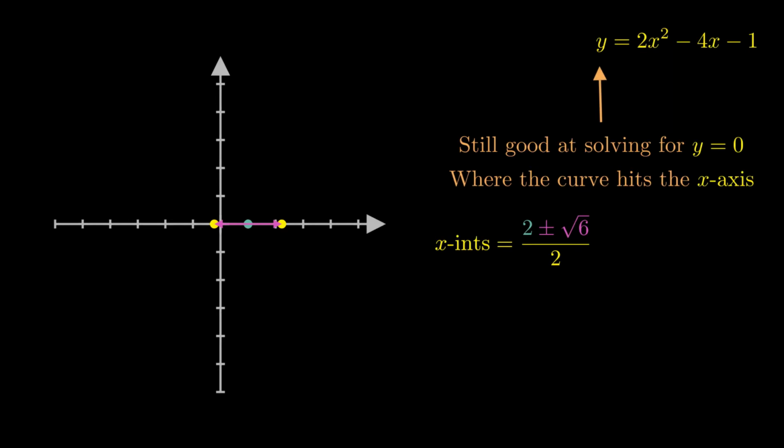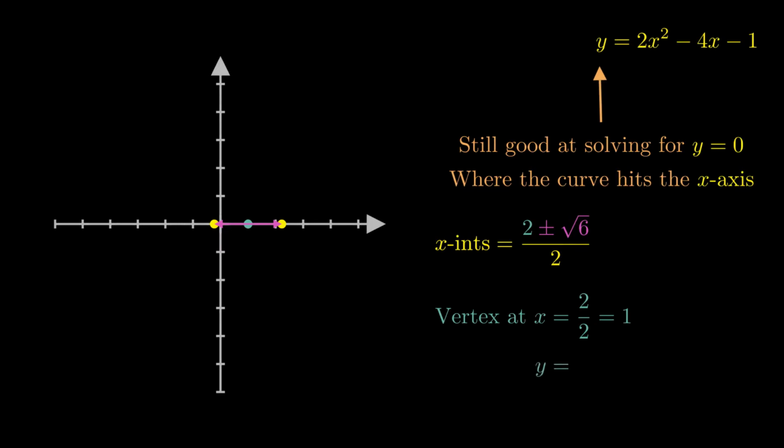And by the symmetry of the parabola, that must be the x value of the vertex, the turning point of the parabola. And so the vertex can be found when x equals 2 over 2, which of course, as we said, is just 1.